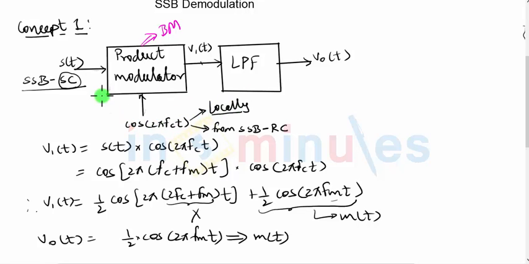I should extract the carrier from the incoming signal. That is possible if instead of SSB-SC, SSB-RC, which stands for single sideband reduced carrier signal, was transmitted from the transmitter side. Let us now look at the specific receiver block diagram which works on the first concept of SSB demodulation.